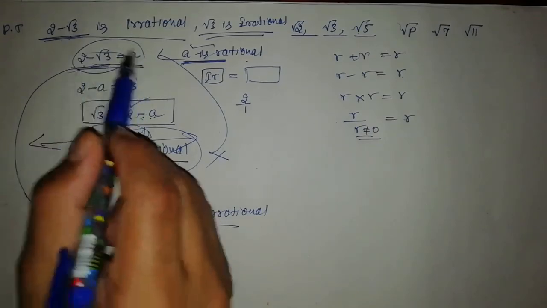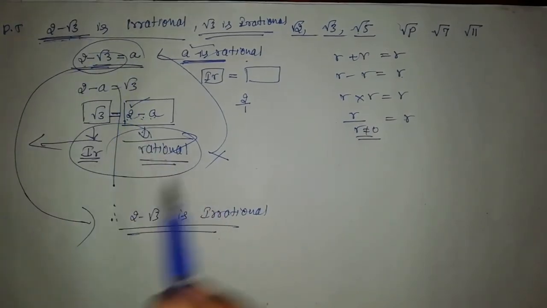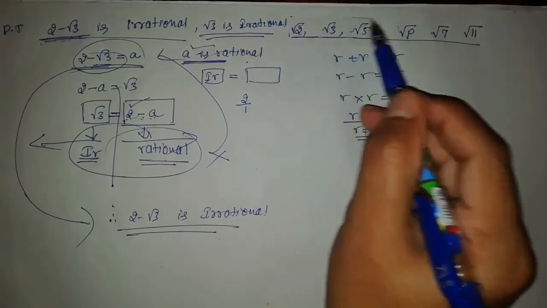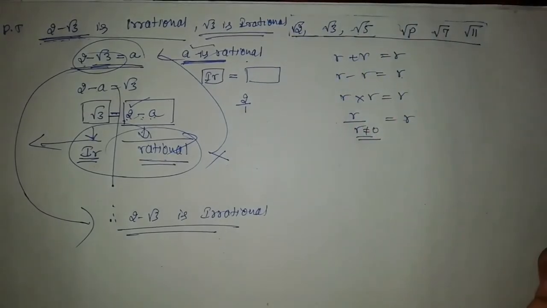If the problem is asked like this, then you need to follow the procedure like this. If the problem is different, then the procedure is different. There are only two types of problems under this heading, revisiting of irrational numbers. So concentrate more on these problems, because they are very important from the point of view of examination.